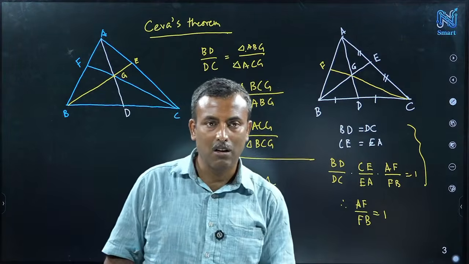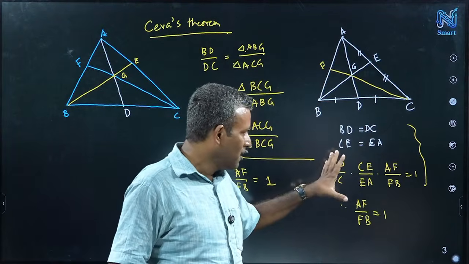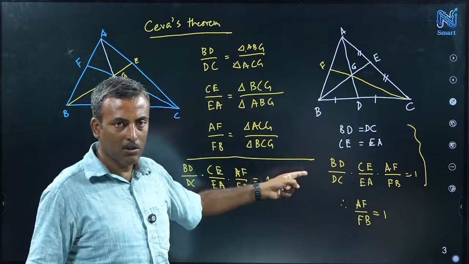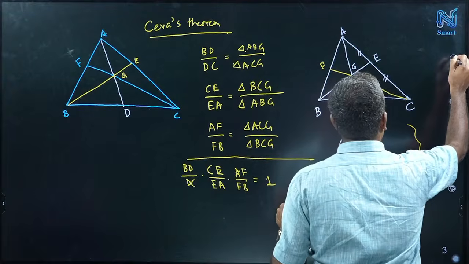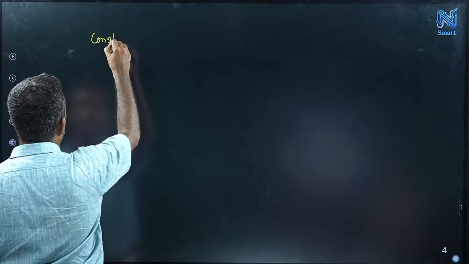So this is the answer to what is the purpose of this theorem. So I will show one more application of that, just draw this figure. Now it is some construction problem.